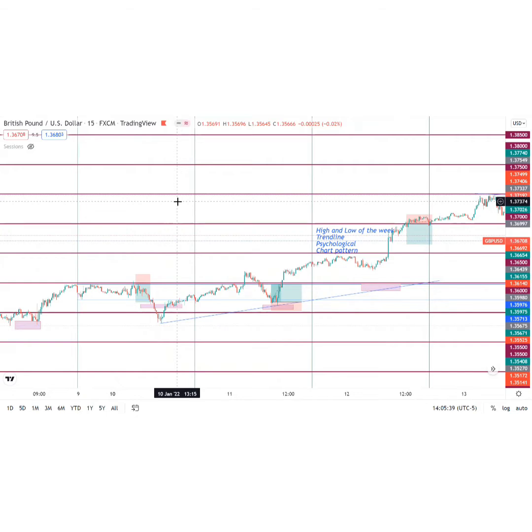How do I get my high and low of the week? I get it from the first 2 candles that form on the 4 hours chart, the highest and the lowest of those first 2 candles.